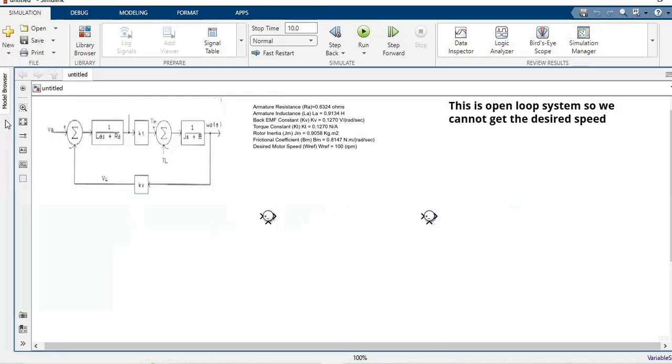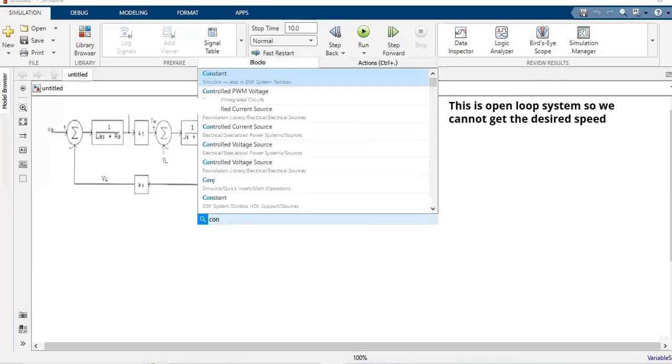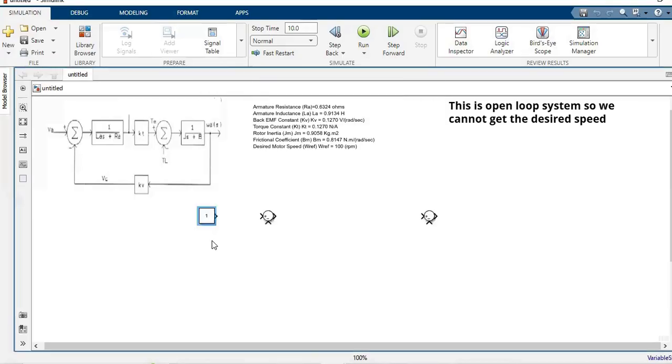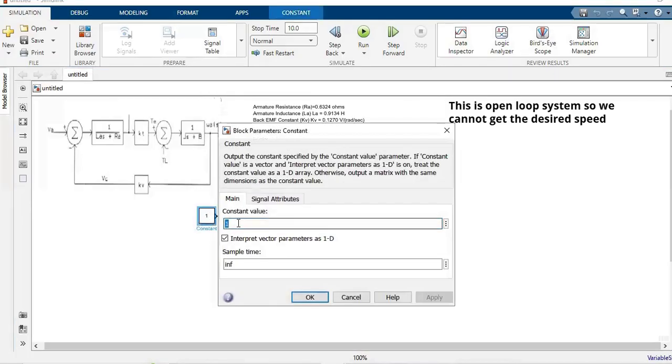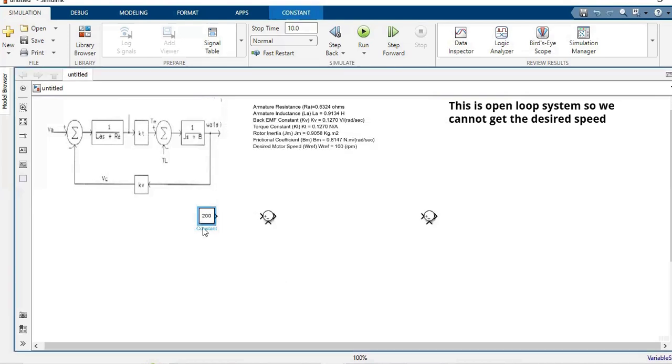And to the plus, we need to keep the input voltage. This voltage can be given with the help of a constant block. So let me take a constant block to feed the voltage, and let me take the voltage to be 200 volt. So we will connect this to the plus sign of the summing.